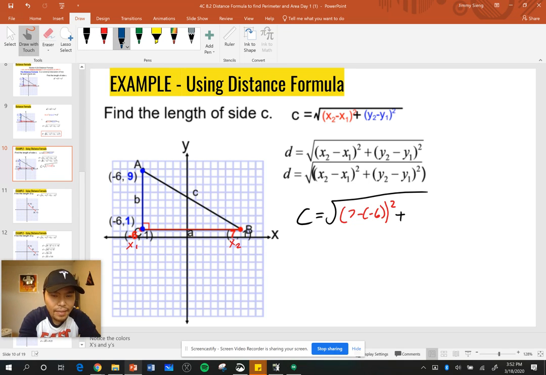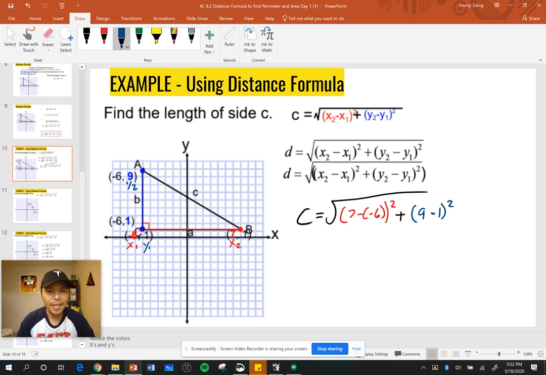And that's plus our y values. I don't want to mess you up too bad, just trying to make sure. Let's say this is y1, and we can call this y2. It doesn't necessarily matter, but we have y2, which is 9, subtracting y1, which is 1, squared. I'm just double checking.